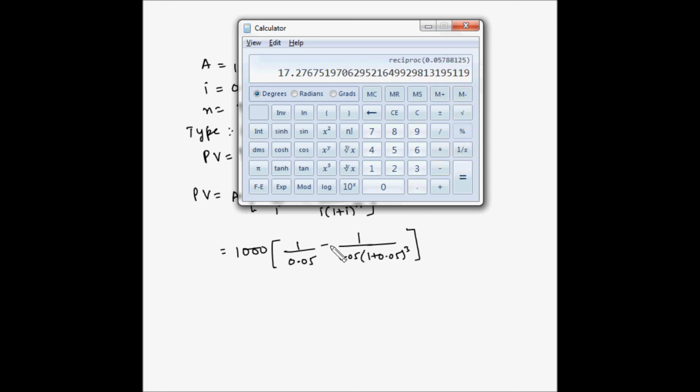Now this is a negative sign, so minus, and then we'll add 1 divided by 0.05, so 0.05, 1 by x, and then this value multiplied by 1000. So the present value we get is 2723.25 rupees.